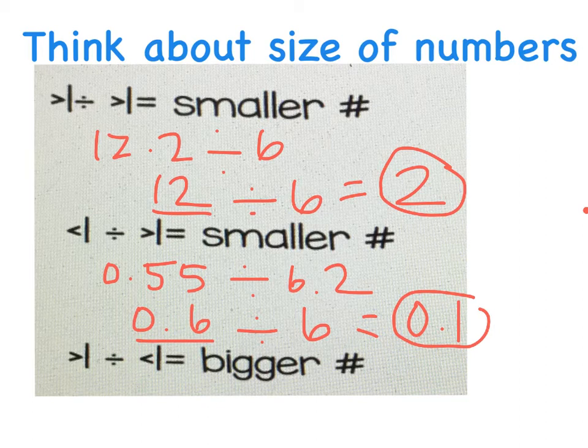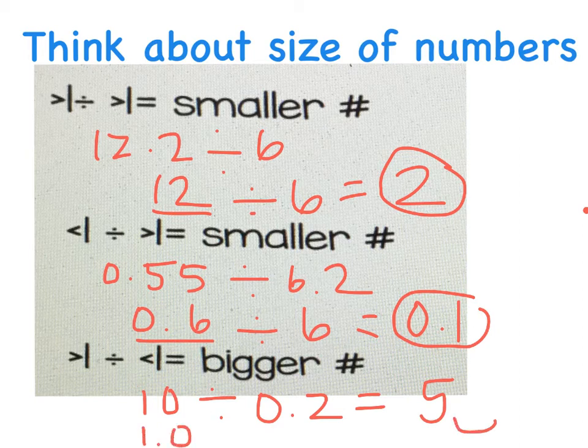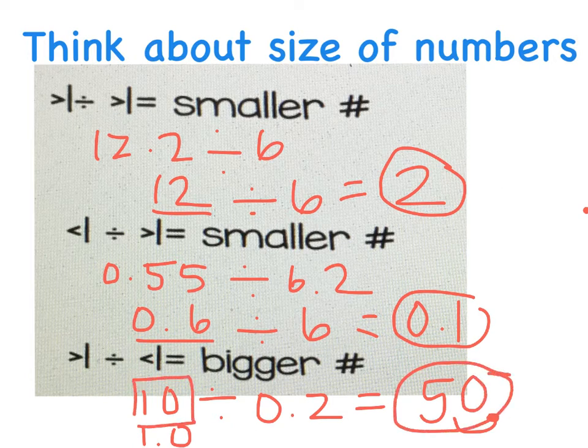However, if you have something like 10 divided by 0.2, 10 divided by 2 is 5, but 5 times 0.2 would just be 1 whole. So I need to make this number 10 times bigger to get my final answer of 50. 50 is actually bigger than the number I started with, 10.